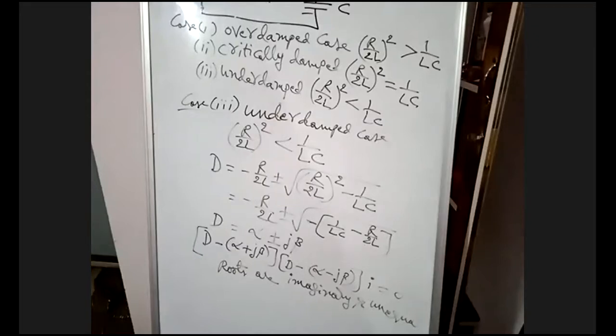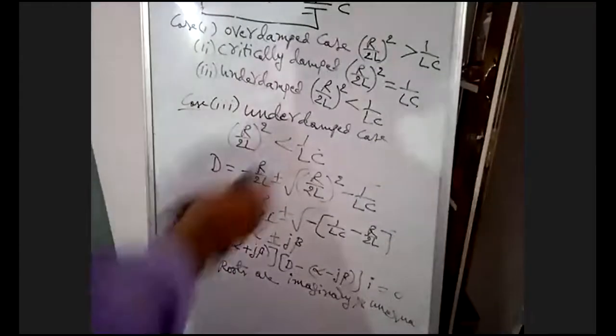Now see how we'll write the solution for imaginary roots. If you have imaginary roots, here alpha is the real part, beta is the imaginary part. Okay.